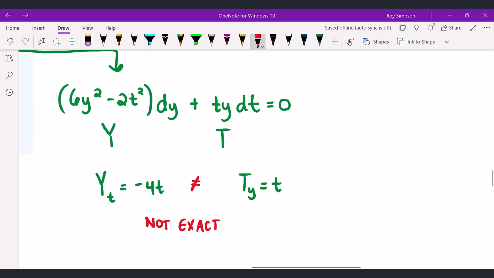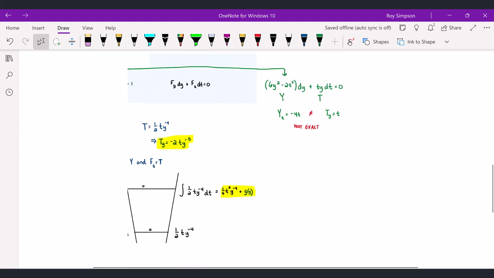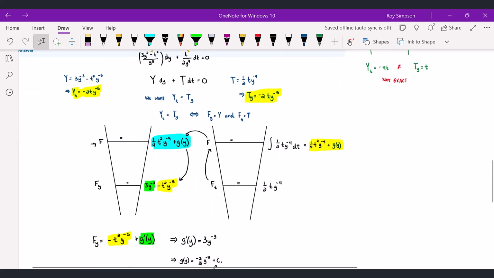Once you do not have an exact equation, then you don't have a function whose partial with respect to y is that coefficient of dy and whose partial with respect to t is that coefficient of dt. So you can't do this whole build a ladder concept, climb one ladder, hop over the next, and climb down and compare constants of integration. There's just no way to do that.